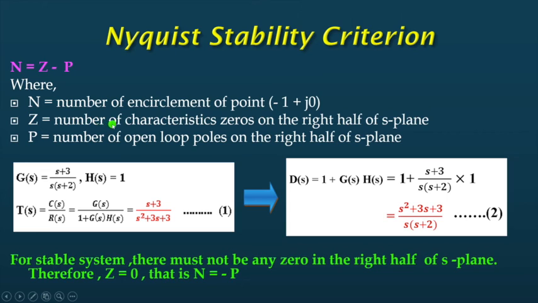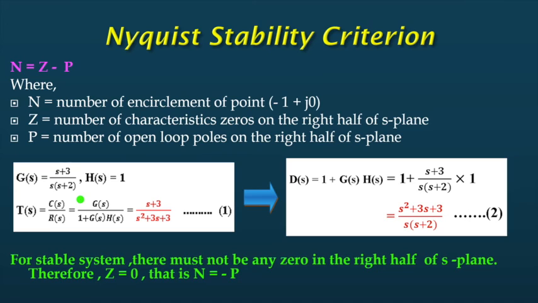Then Z is the number of characteristic zeros on the right half of the S-plane. So if any characteristic zeros are present in the right half of the S-plane, that means closed loop poles are present in the right half of the S-plane. And the characteristic poles are equal to the open loop poles.